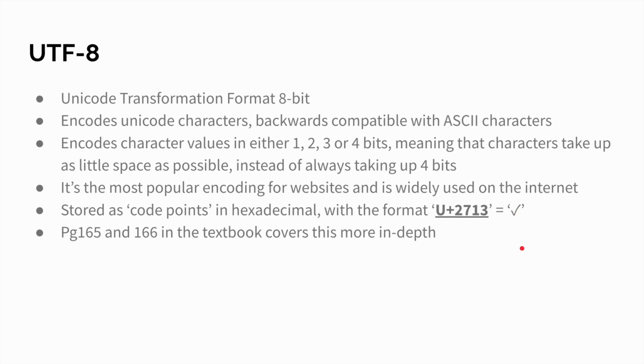There are calculations involved in converting these UTF-8 code points into UTF binary code. And these are detailed in page 165 and 166 of the textbook. It's too lengthy of a process to describe here, but it is in the textbook on page 165 and 166, and I'm sure there are other resources on the internet that will go more in depth on this specific process.